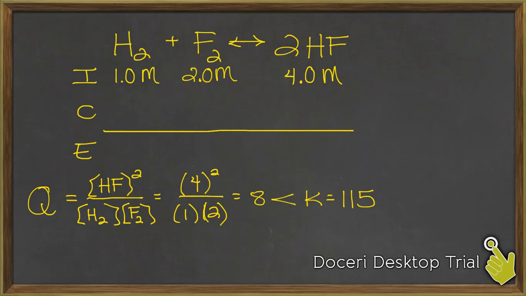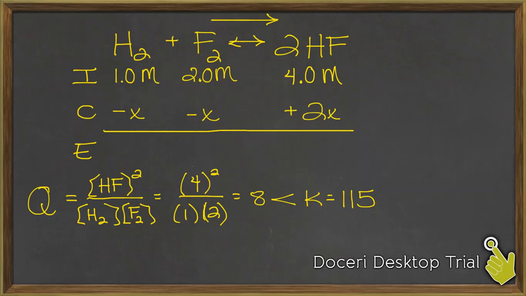So we're going to shift in the direction that's going to create more products and consume some of those reactants. So I'm going to put a minus X there because reactants are going to be decreasing, products are going to be increasing.